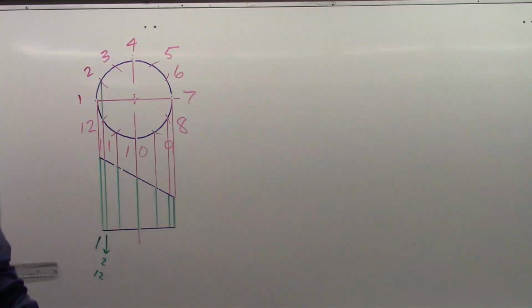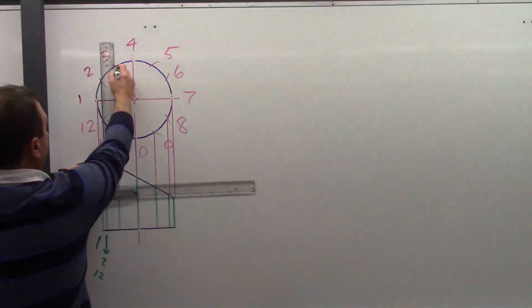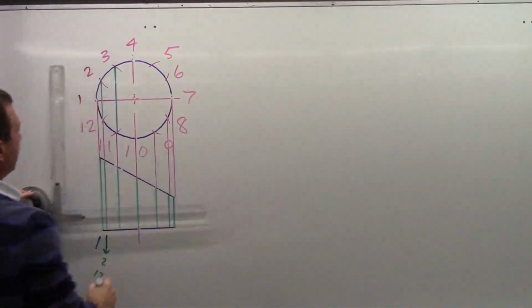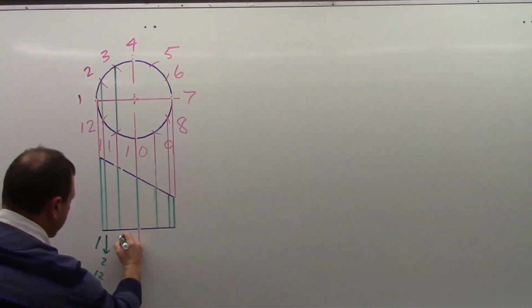Three and 11 are also lined up vertically. So let's bring them down.